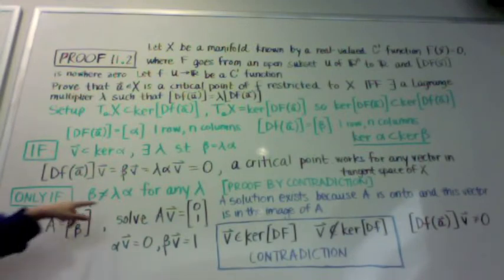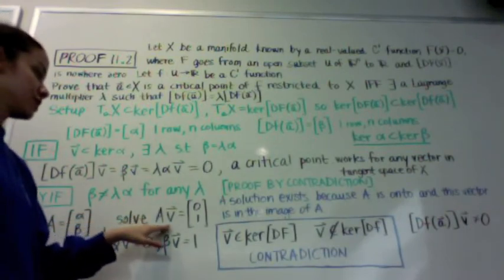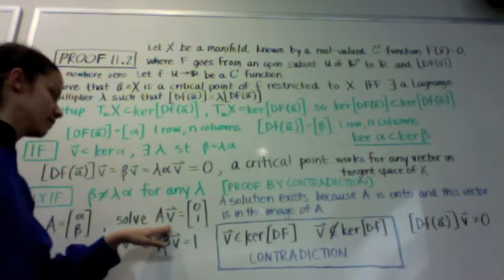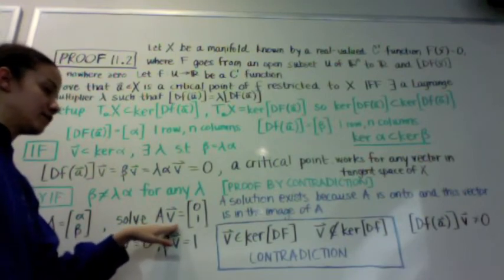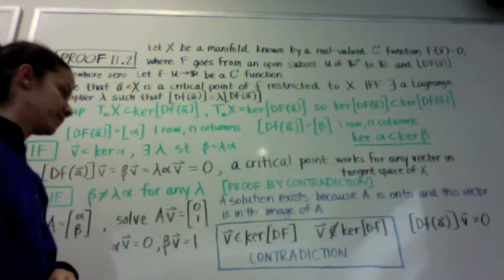Since we know that alpha is not a multiple of beta in any way, we know that A is onto. It has two linearly independent rows, and so since it's onto, a solution exists for this equation: A acting on some vector v can give rise to (0, 1).